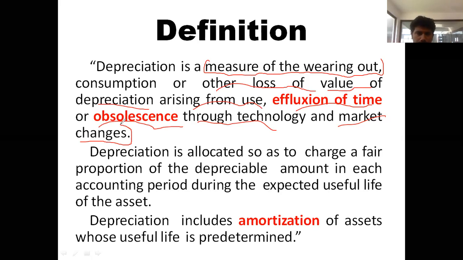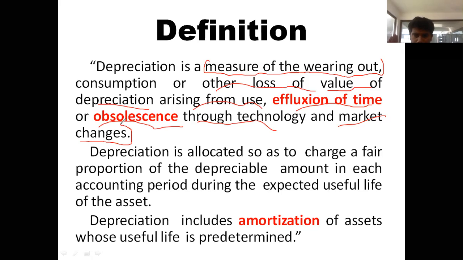Next we'll see the definitions. Depreciation is allocated so as to charge a fair proportion of the depreciable amount in each accounting period. The depreciation amount varies from year to year. Down the line it is a time-constraint parameter. As time increases, the depreciation value goes on increasing.